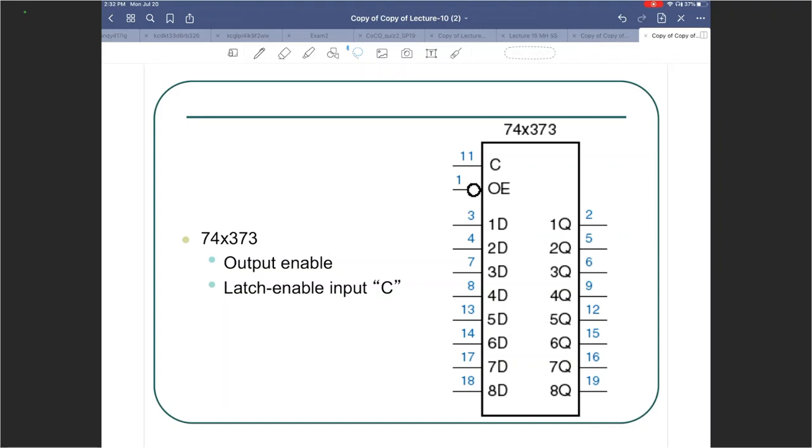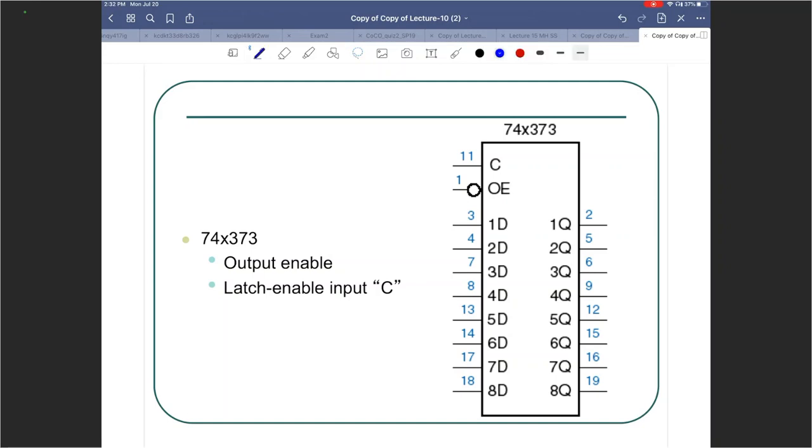Latch versus flip-flop. In this case, you will see that you have a latch enable input, which is C. Instead of a positive edge triggered or a negative edge triggered design, this is based on latch input, C. This means the 74373 8-bit register is sensitive to the level of the input C. So this is 8D latches in this case.